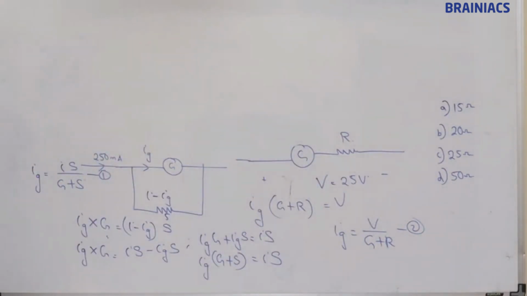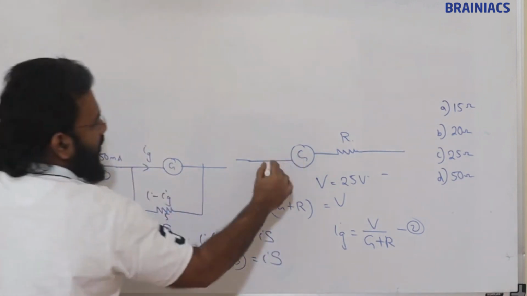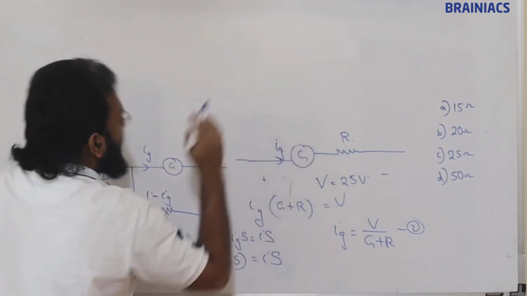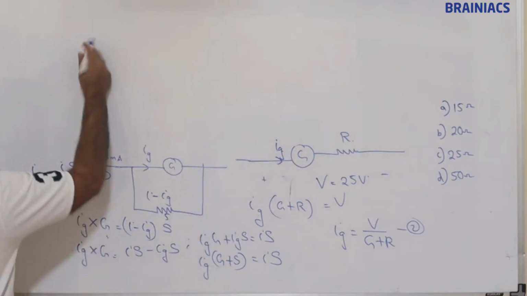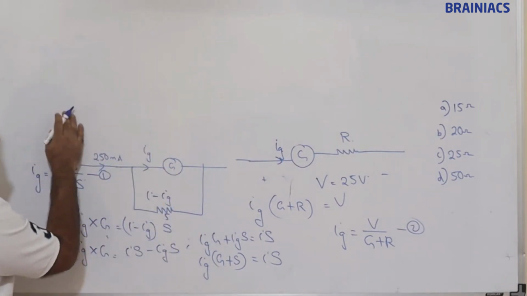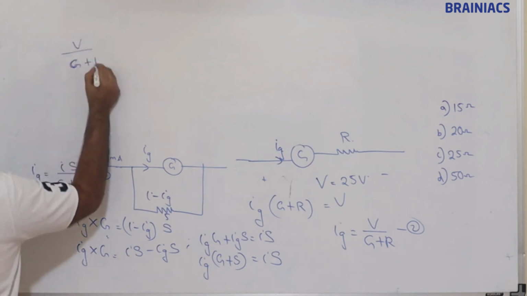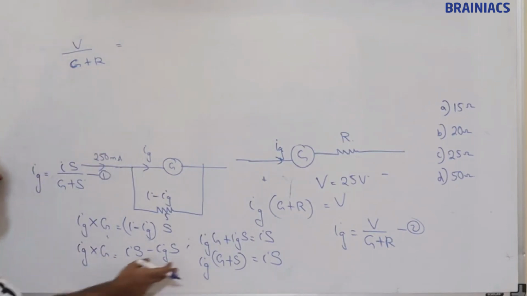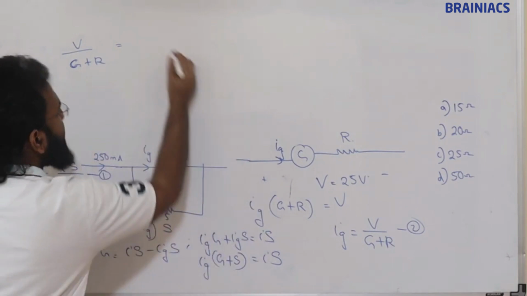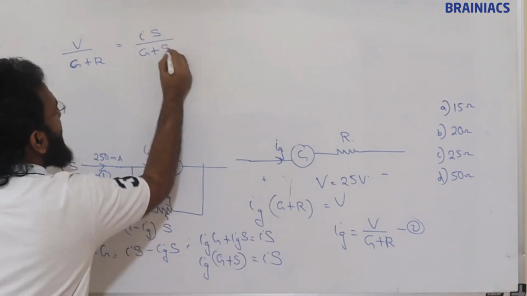This Ig is nothing but the maximum current which can pass through the galvanometer. This current will not change for both the cases. Maximum current possible is Ig only, in both the cases. So V by (G plus R) is equal to what we found here, Ig is equal to I S by (G plus S), right?